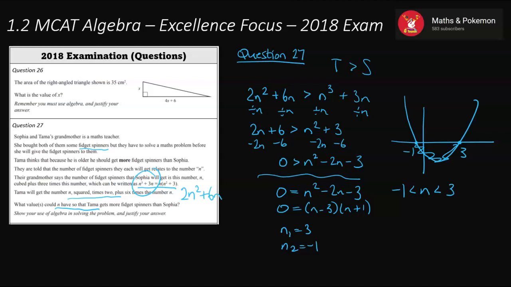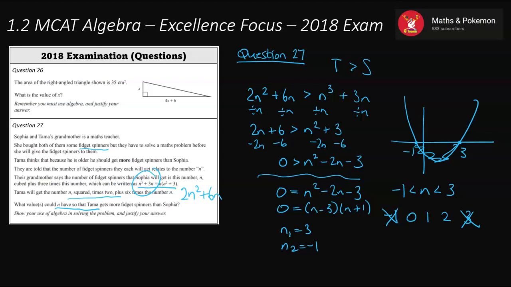Because this is contextual, we can't have part of a fidget spinner, so we can't have 0.5, and we can't have negative fidget spinners. So if you look at all your options, it's going to be negative 1, which it actually can't be. It could be 0 fidget spinners, 1 fidget spinner, 2 fidget spinners, or 3 fidget spinners. So it can't be 3 either.